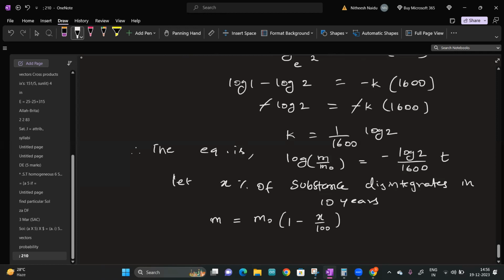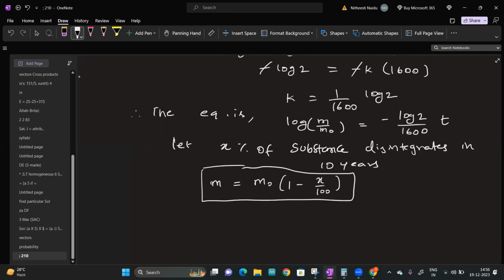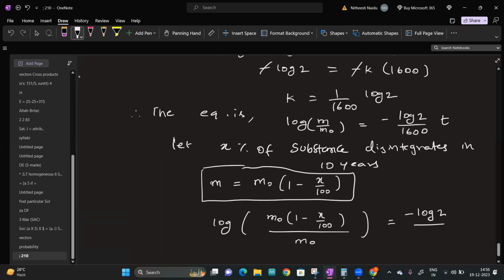Now we will substitute this value. We need to calculate the value of x. Now log of m naught into 1 minus x by 100, divided by m naught, is equal to minus log 2 by 1600 into 10 years.